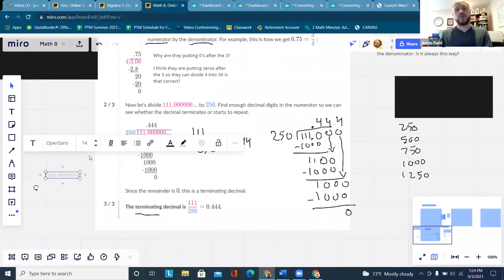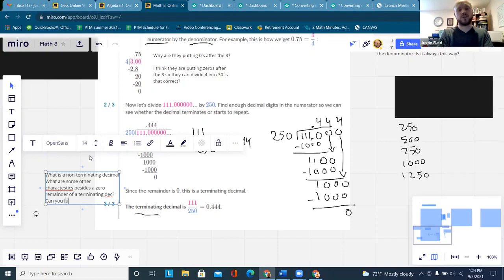So a good question would be, what is a non-terminating decimal? Or maybe you could say, what are some other characteristics besides a 0 remainder of a terminating decimal? Or maybe one last question.